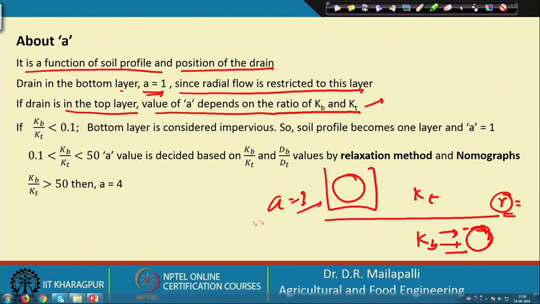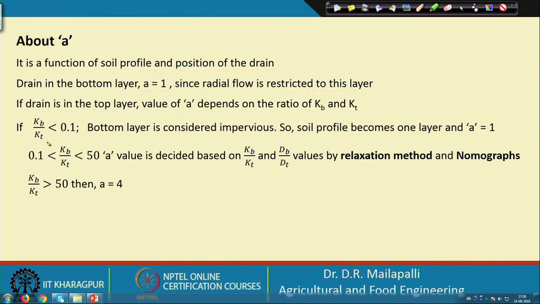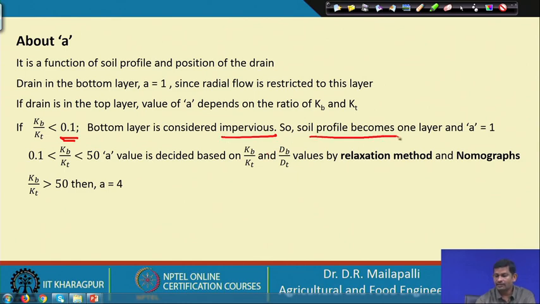Let us see the second case, where the drain is installed in the top layer. In that case, if Kb by Kt is less than 0.1, the bottom layer is considered impervious, and the soil profile becomes one layer, so A is equal to 1.